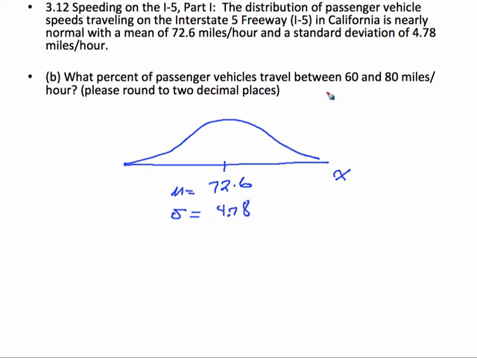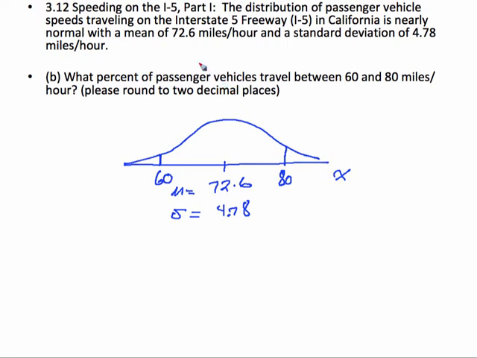Okay, so between 60 miles an hour and 80 miles an hour, so we saw 80 was roughly about that neck of the woods, right about there. So 60, let's see, that's going to be down over about here-ish, isn't it, right? Because we figure we're going about 5 miles per hour roughly is our standard deviation, so drop it down roughly 10-ish, you know, and that's going to be about 60, okay?